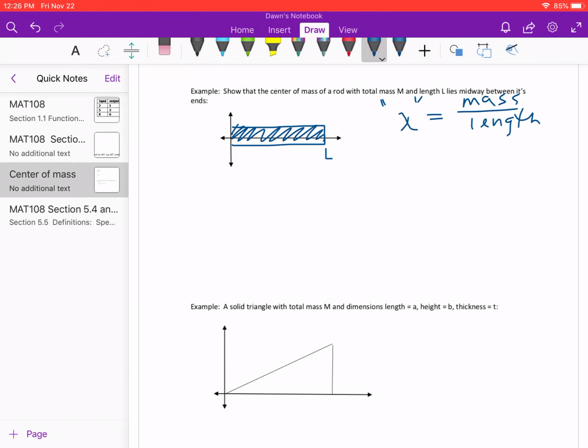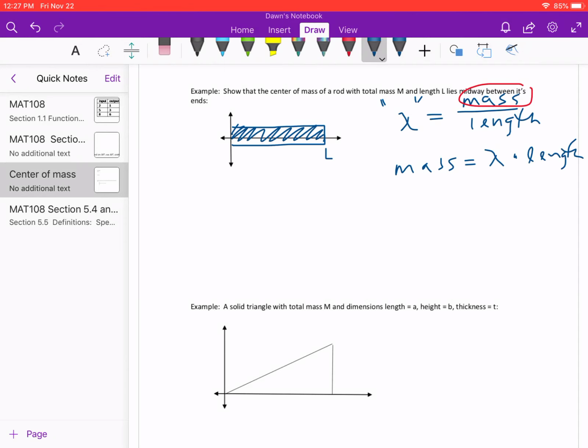When I use my center of mass formula where I want a little piece of mass, I'm going to have to write that mass as the mass density times the length. In other words, mass is equal to the mass density times length.